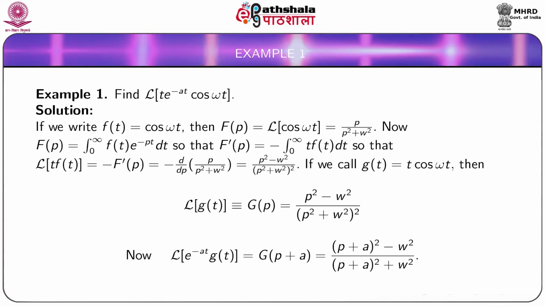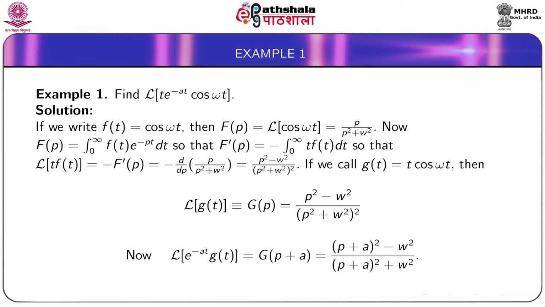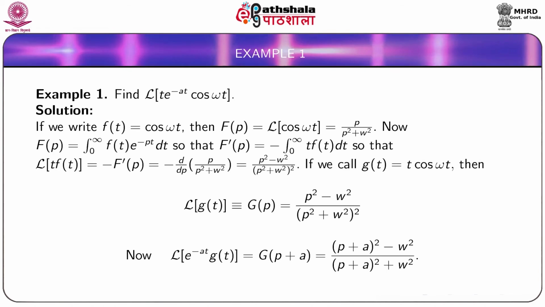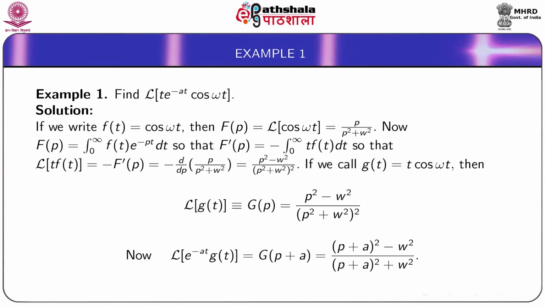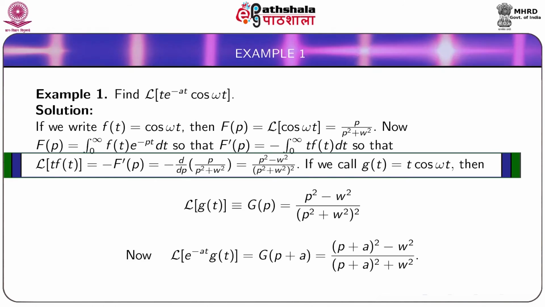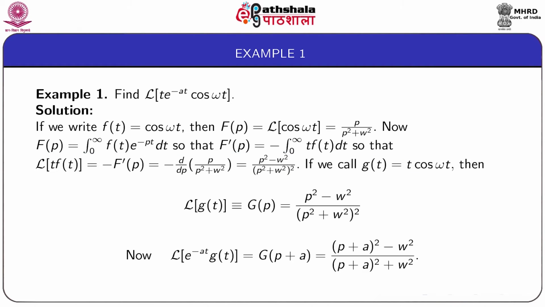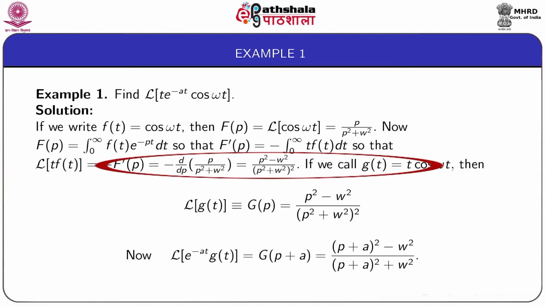d/dp of capital F(p) is equal to minus integral 0 to infinity t f(t) e to the power minus pt dt, which we have proved earlier, so that Laplace transform of t f(t) is equal to minus F dash (p), and this is equal to minus d/dp of F(p).